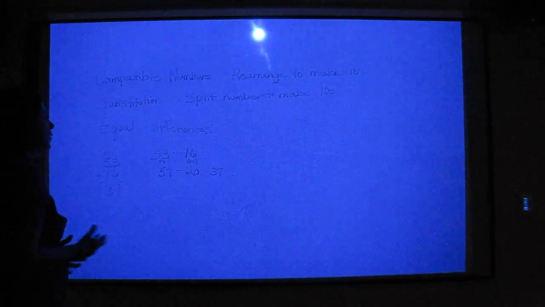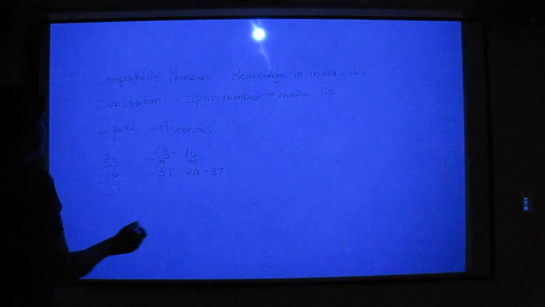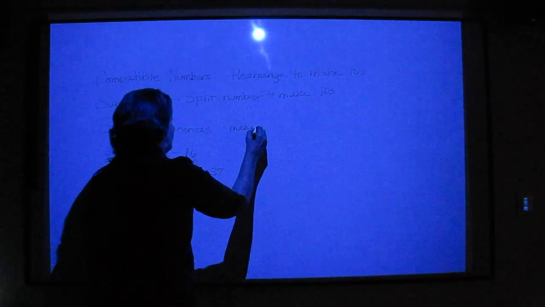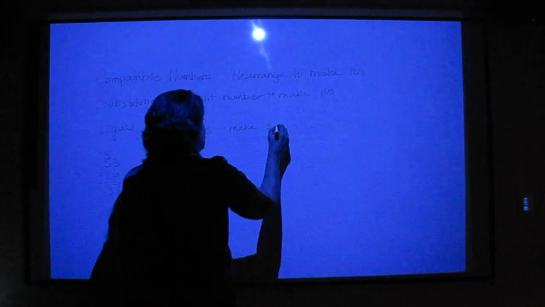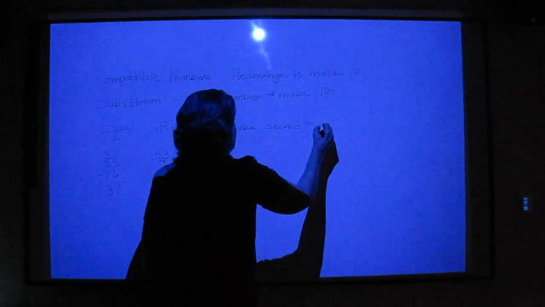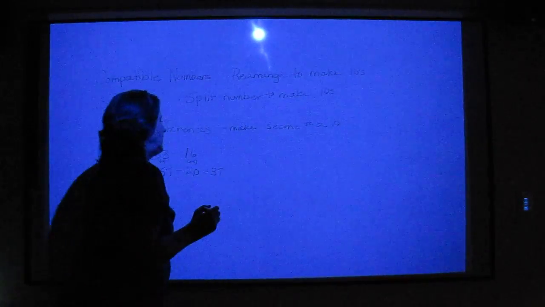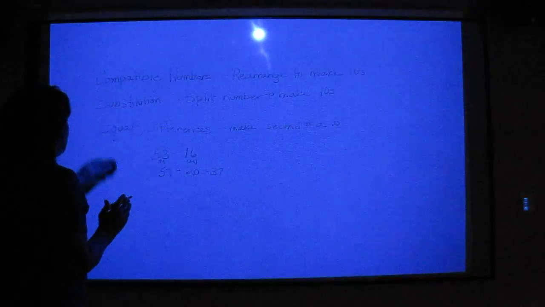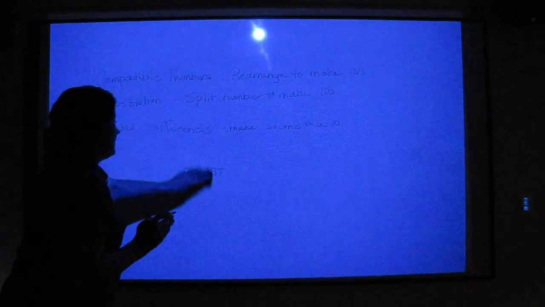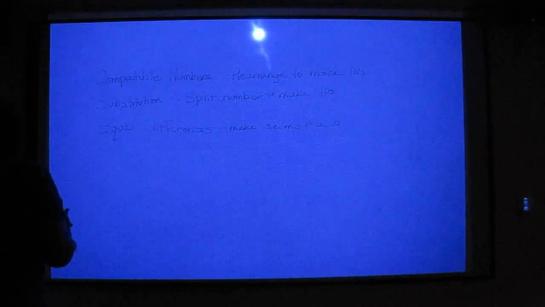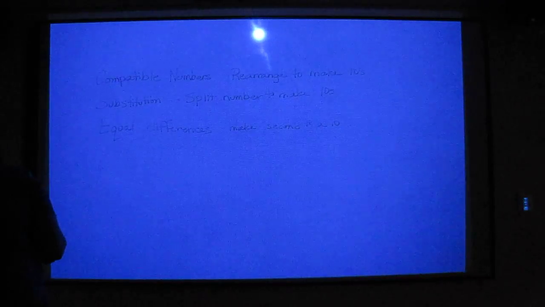Okay? So that's a third method. This one would be make the second number a 10. So the whole principle of doing mental addition is to get it so you can work with 10s, because those are easy to add and subtract.